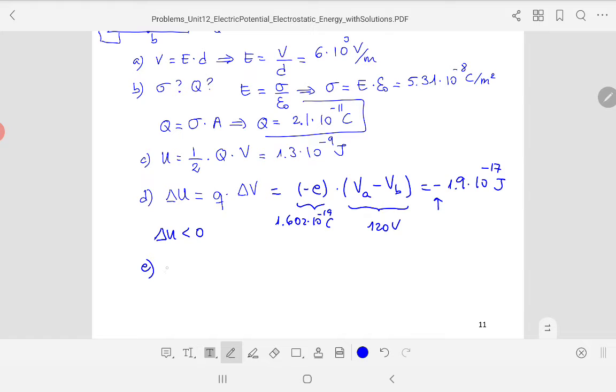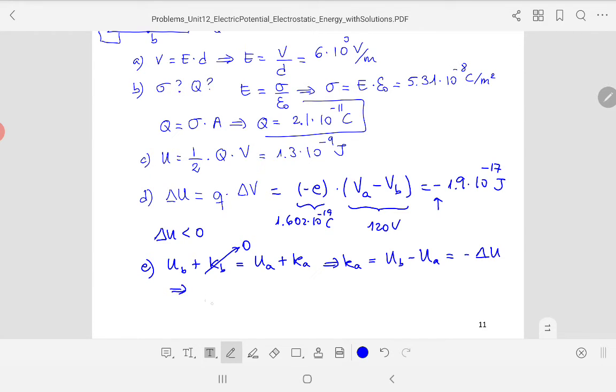So we would just say that the total electric energy at point B plus the kinetic energy at point B has to be equal to the electric potential energy at A plus the kinetic energy at A. We know that it's released from rest, so this is 0, so we just need to know that the kinetic energy is going to be the energy at B minus the energy at A. This is minus the loss.